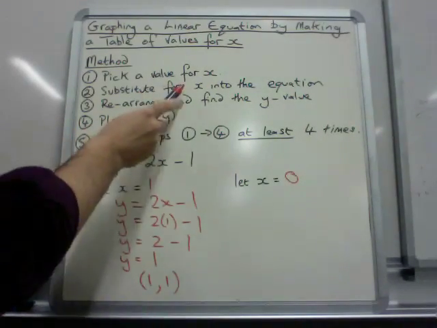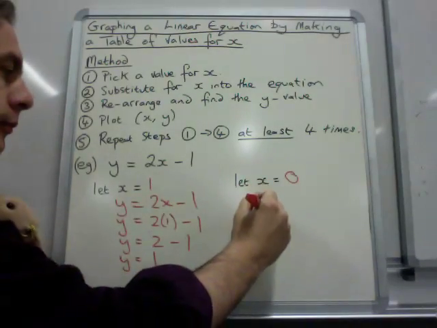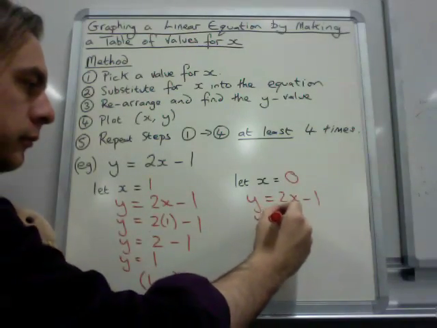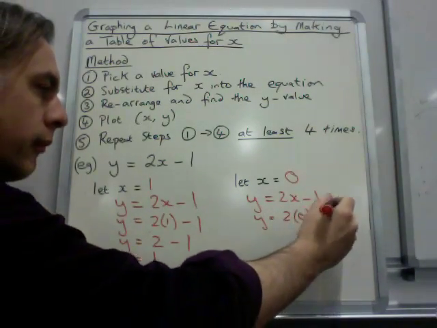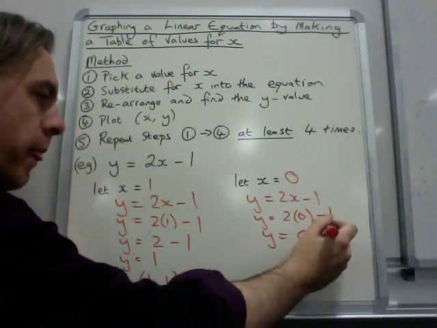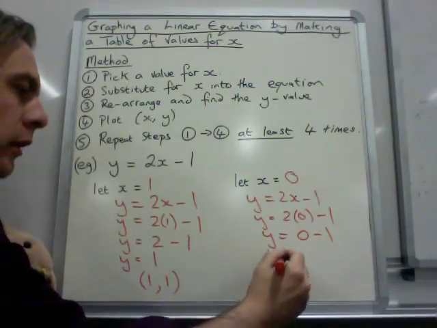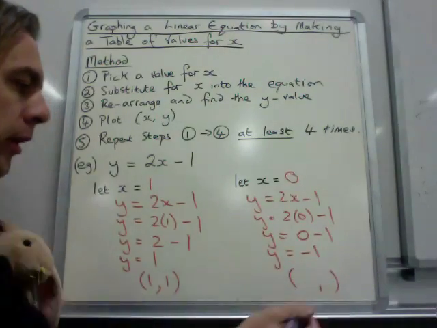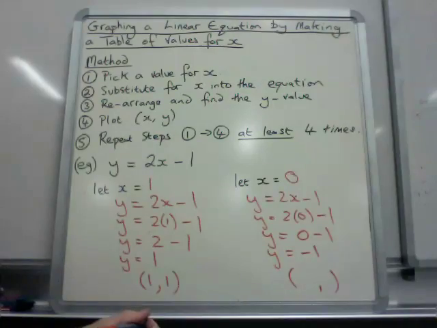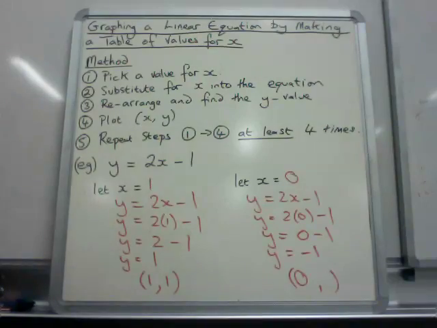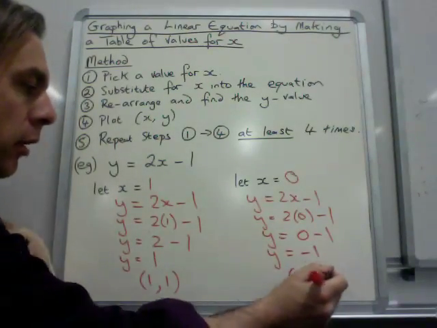Okay, I'm going to substitute it into the equation. What's 2 times 0? 0, of course. And what's 0 minus 1? Easy peasy, minus 1. So what is the point I should plot? Well, first of all, the x number, which I decided was 0. And the y number which we found, negative 1.